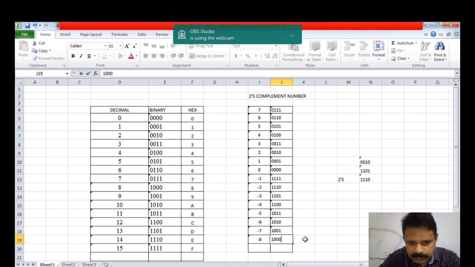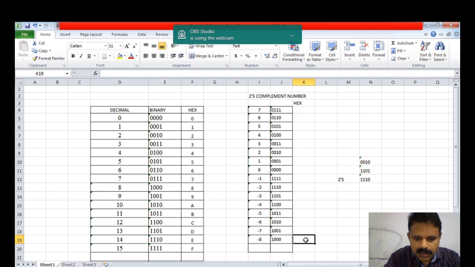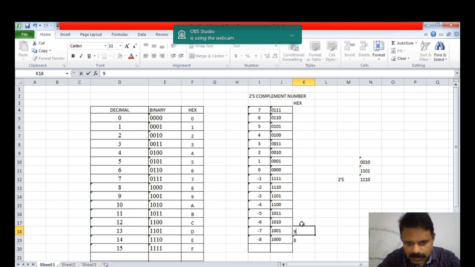In hexadecimal, this is 8, and this is 9, this is A, this is B, this is C, D, E, F, this is 0, 1, 2, 3, 4, 5, 6, 7.